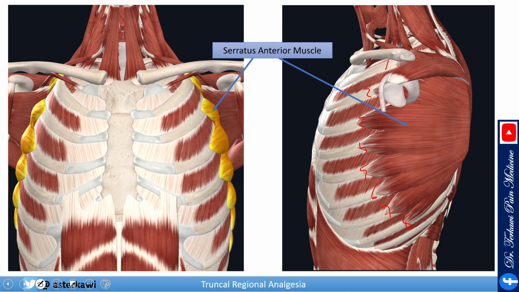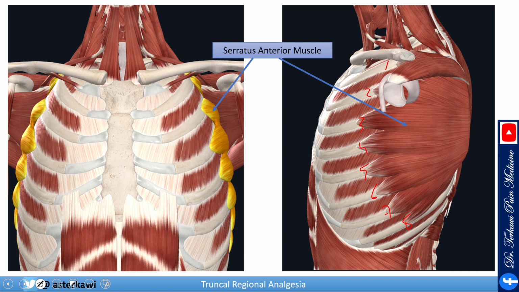And then it goes posterior and medial around the rib cage, passes underneath the scapula, and then inserts on the underside of the scapula on its medial border. As the muscle extends from the ribs, it is divided by tendons, septa, into 9 finger-like groups.